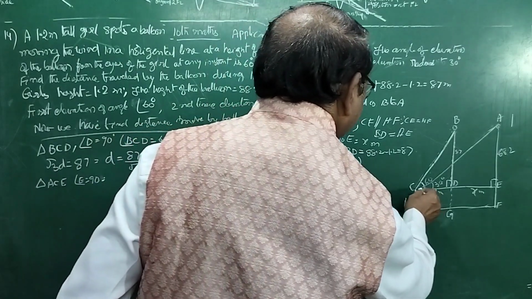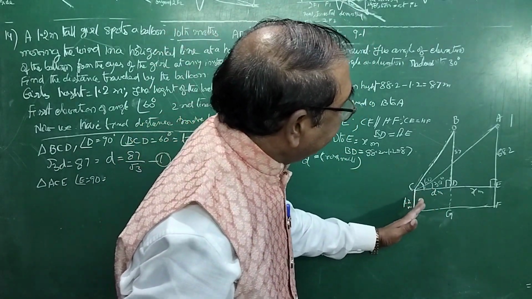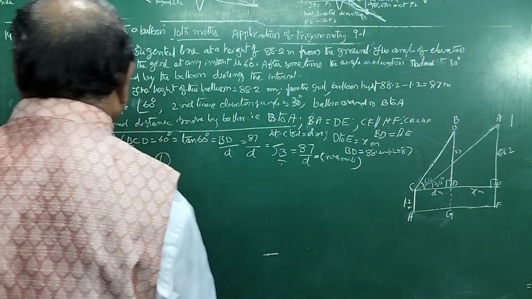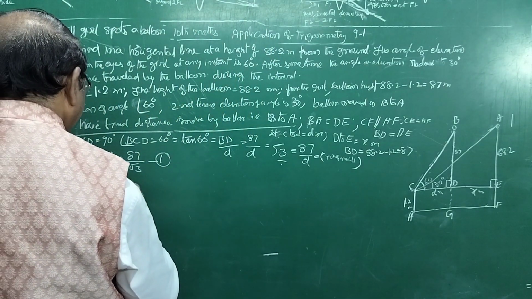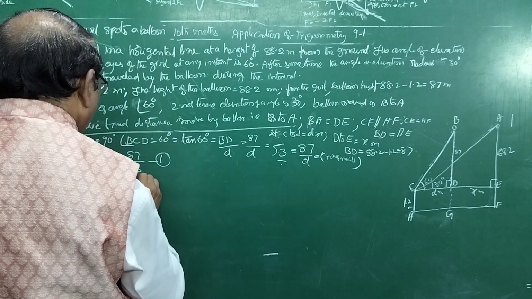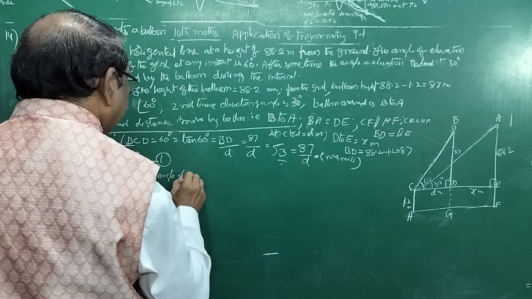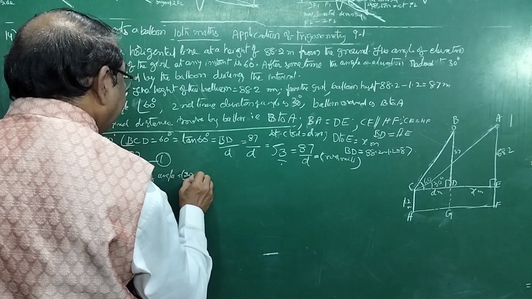Here, how much angle did he see? It is the angle of elevation, which is 30 degrees.